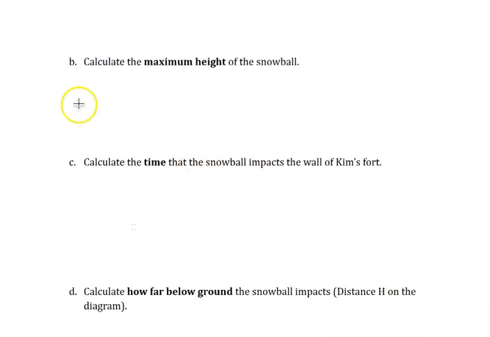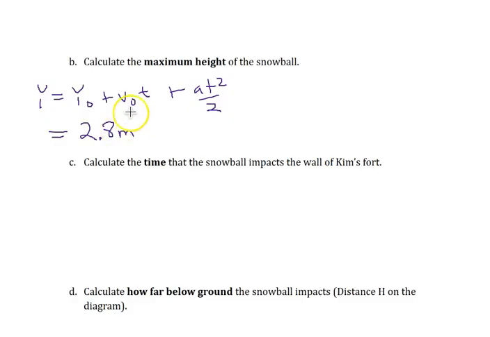Question B, calculate the max height, plug and chug if you've got everything set up in place. All right, he did not start on the ground. His snowball started with a height of 2.8 meters. He spent his energy building his snow fort up.